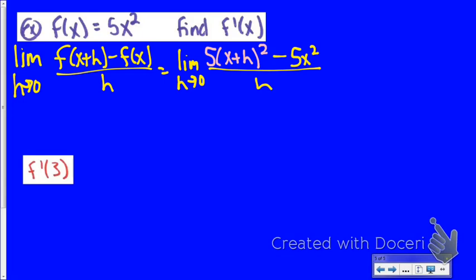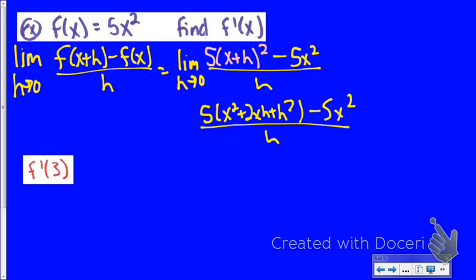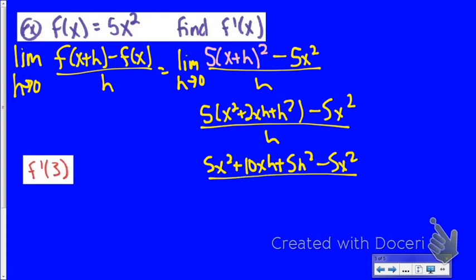So now I'm going to do that math here. So I've got 5 times (x squared plus 2xh plus h squared) minus 5x squared, all divided by h. So I get 5x squared plus 10xh plus 5h squared minus 5x squared. Again, all divided by h. And I can start canceling some things out. Again, remember, I'm doing the limit. Keep forgetting to write this. The limit as h approaches 0.